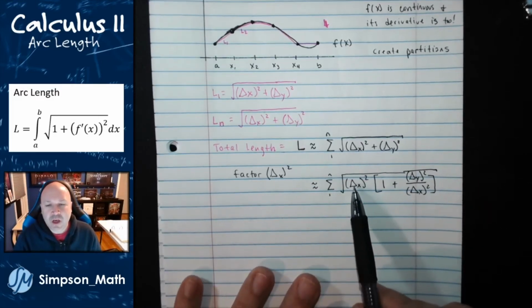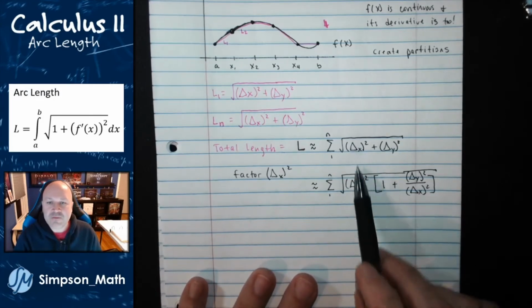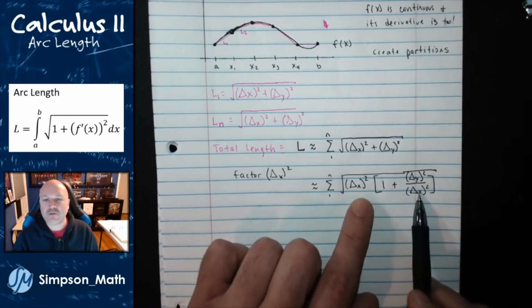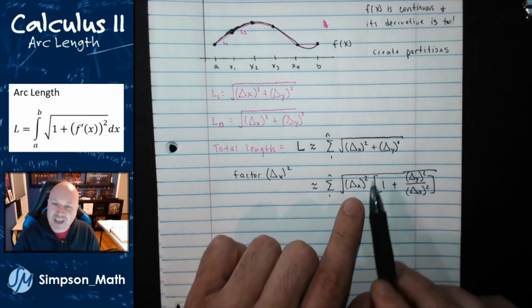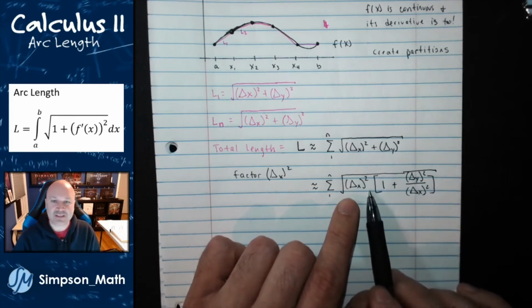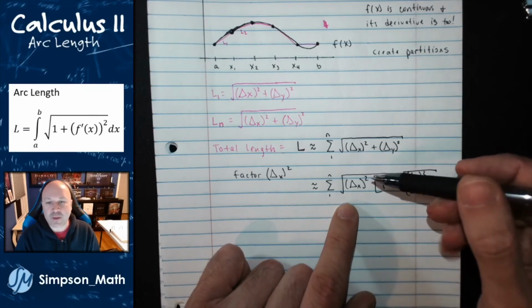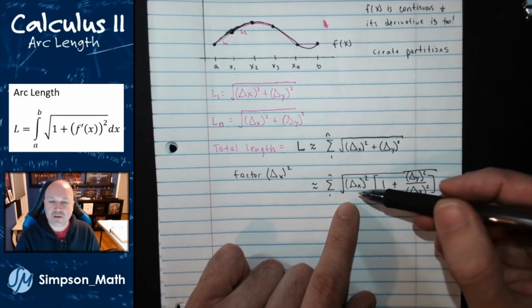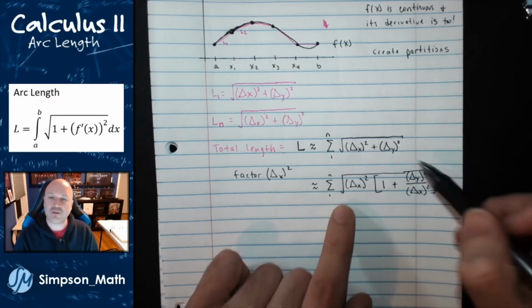If this were redistributed, this times 1 is itself, and this times this fraction, those would reduce, leaving me with just the change in the y. So I'm just factoring out that change in X squared. Now, if you have a square root of a product, then you can separate it out. So this is the square root of the change of X squared times the square root of that binomial.